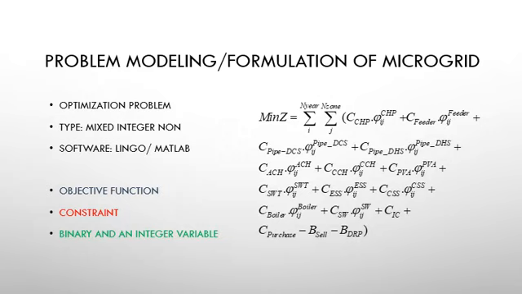As you may know, every optimization problem has three main components: objective function, variables, and constraints.